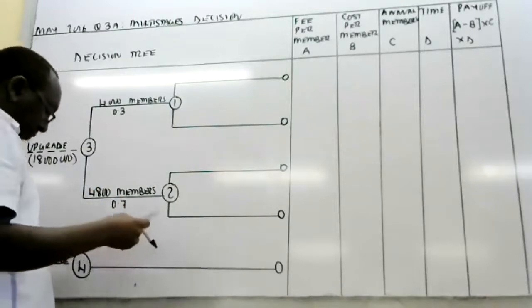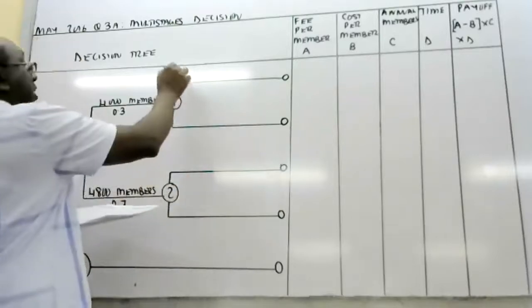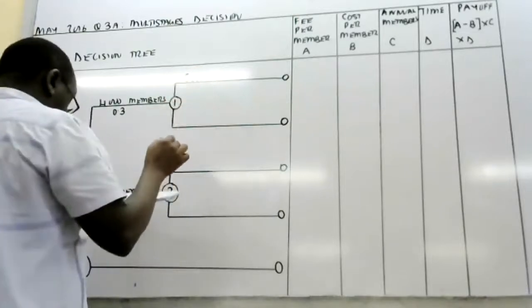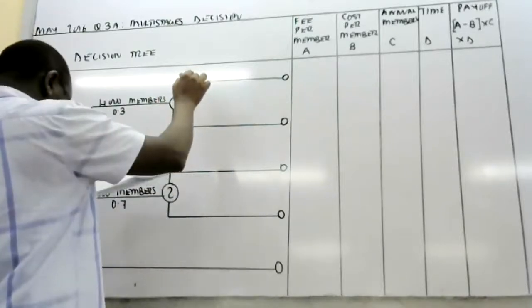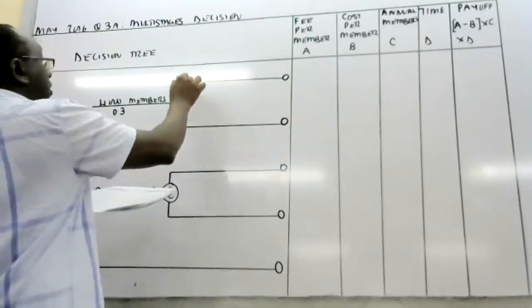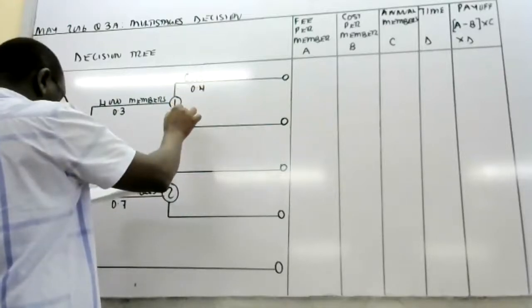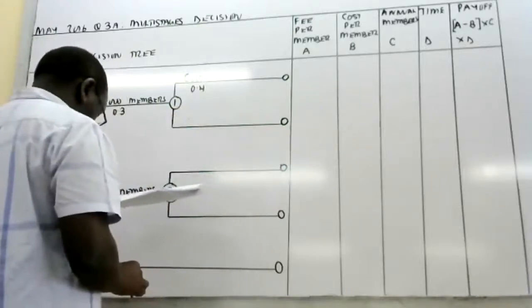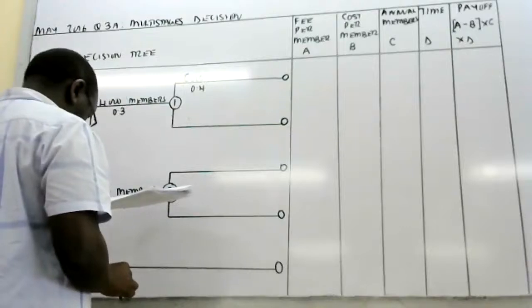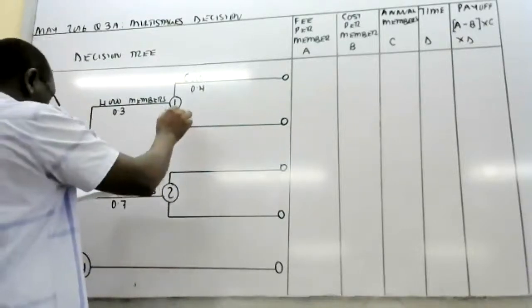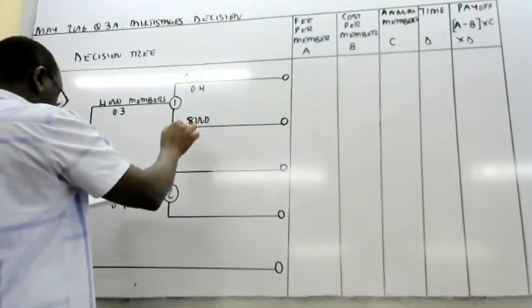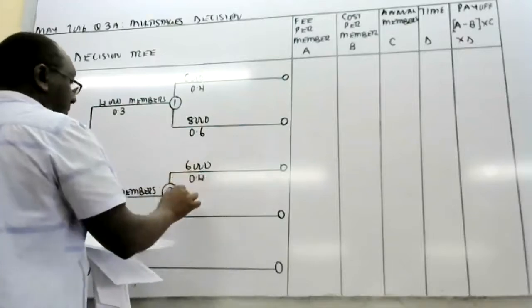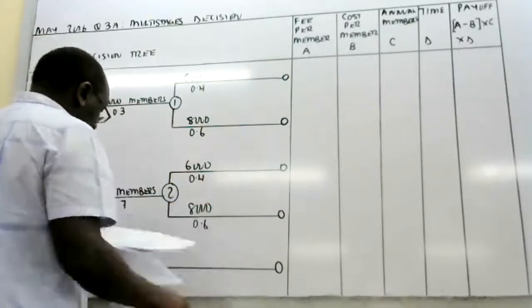And then the cost here will be 6,000 with 0.4, then this one can be 8,000 with 0.6, then 6,000 with 0.4, 8,000 with 0.6.